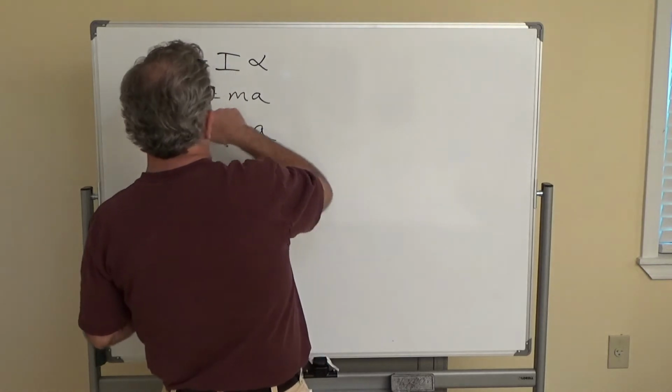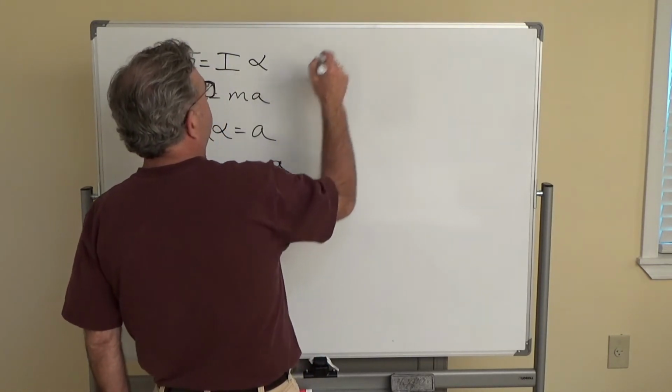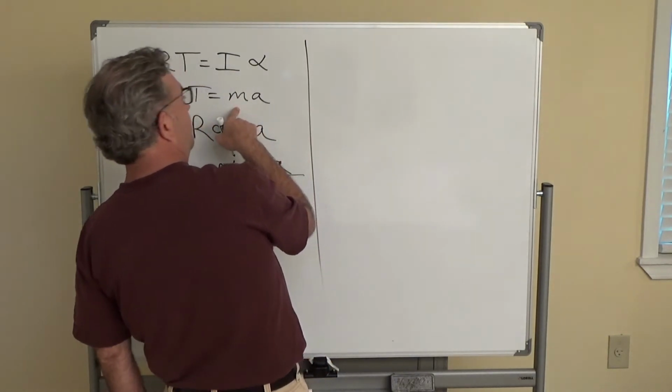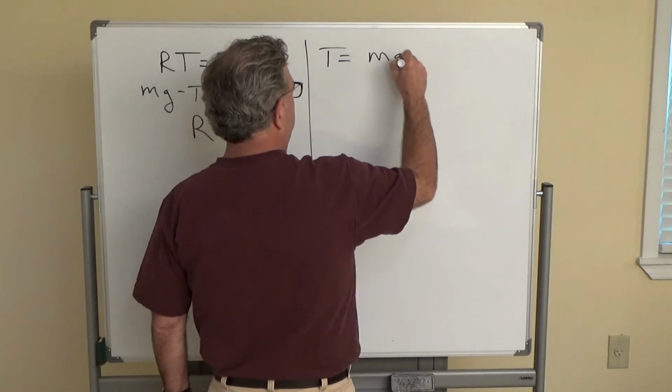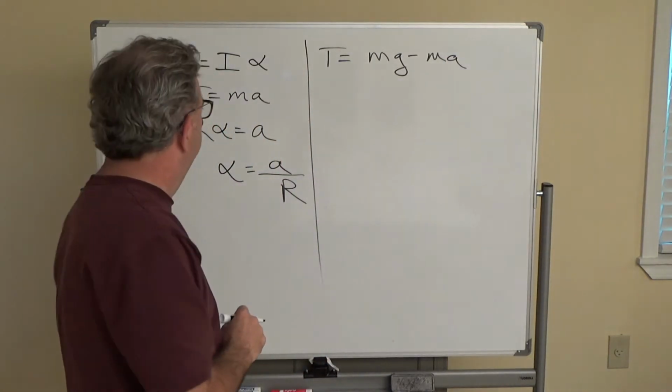So this equation, let me just draw that. From the bottom equation, T is equal to mg minus ma. That's clear.